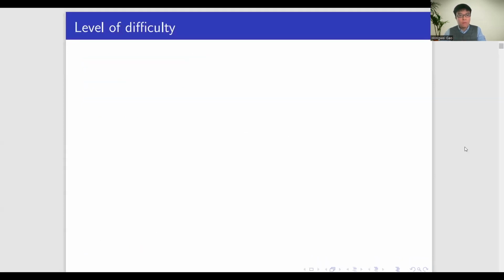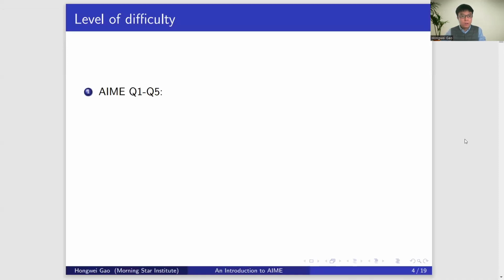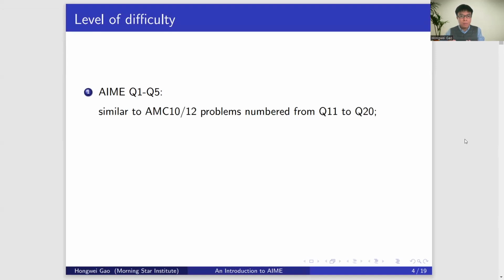As for the levels of difficulty, roughly speaking, the first 10 questions in the AIME test are pretty similar to AMC 10-12 problems in both the level of difficulty and the topics. For example, the first 5 questions are pretty similar to problems in AMC 10-12 numbered from 11 to 20.